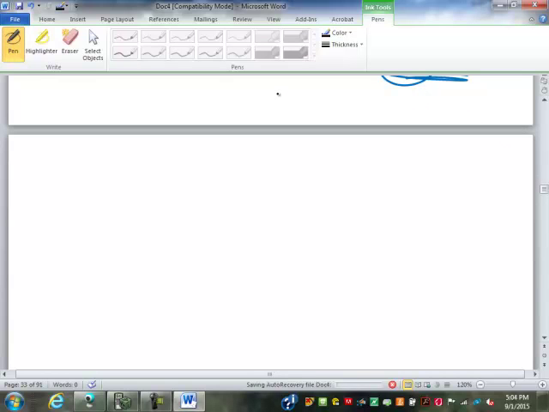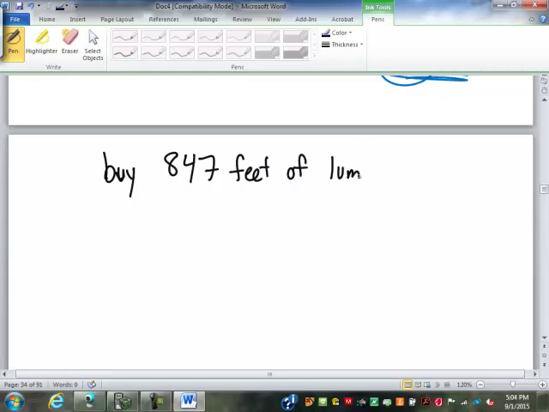Okay, let's say you buy 847 feet of lumber at $3 per foot.